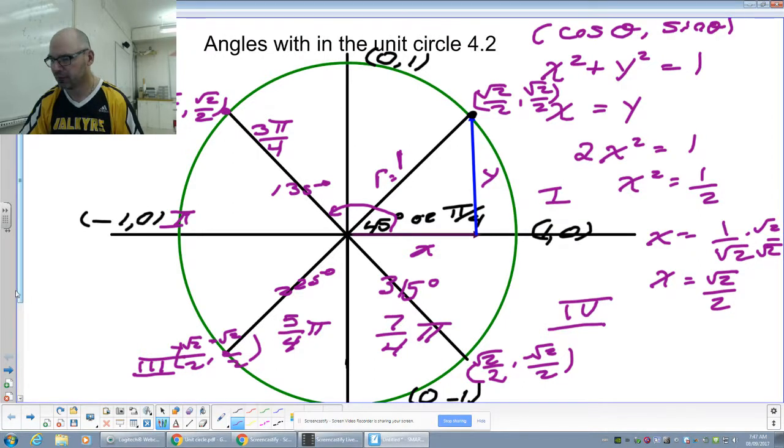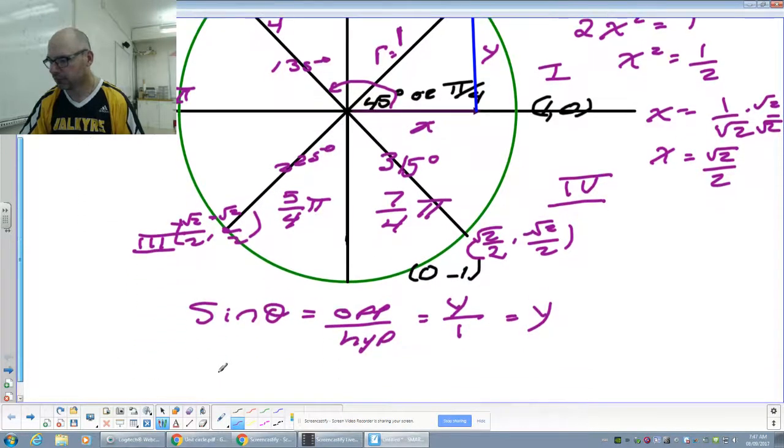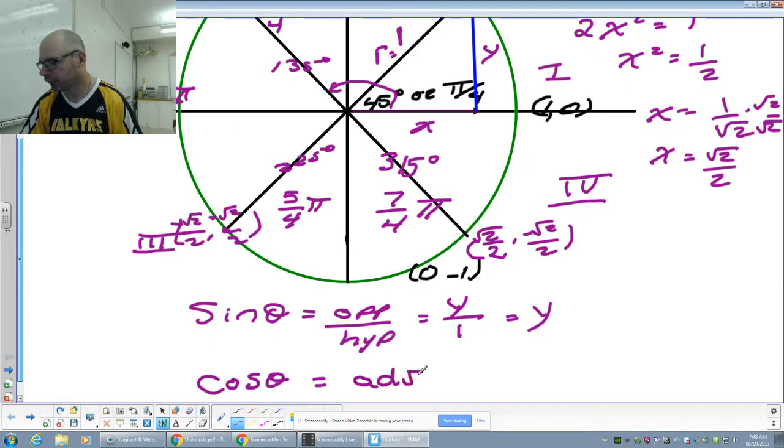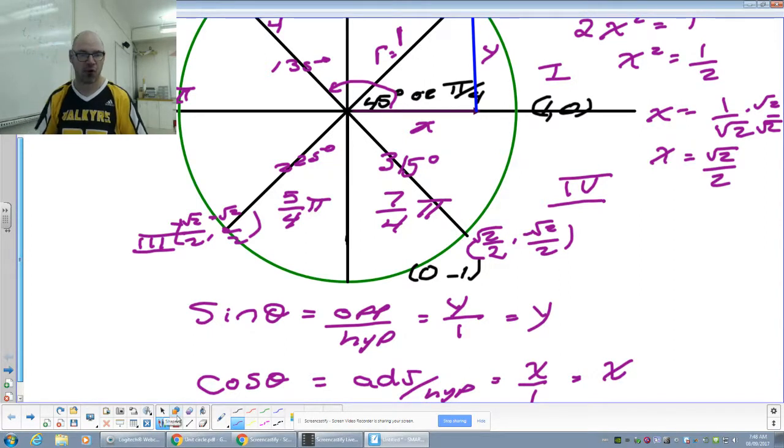Cosine theta is equal to adjacent over hypotenuse. In our case, if we're looking at the 45, the adjacent side is x, and the hypotenuse is r, or 1. X over 1, which equals x. So that's why the x point is cosine and the y point is sine in the unit circle.